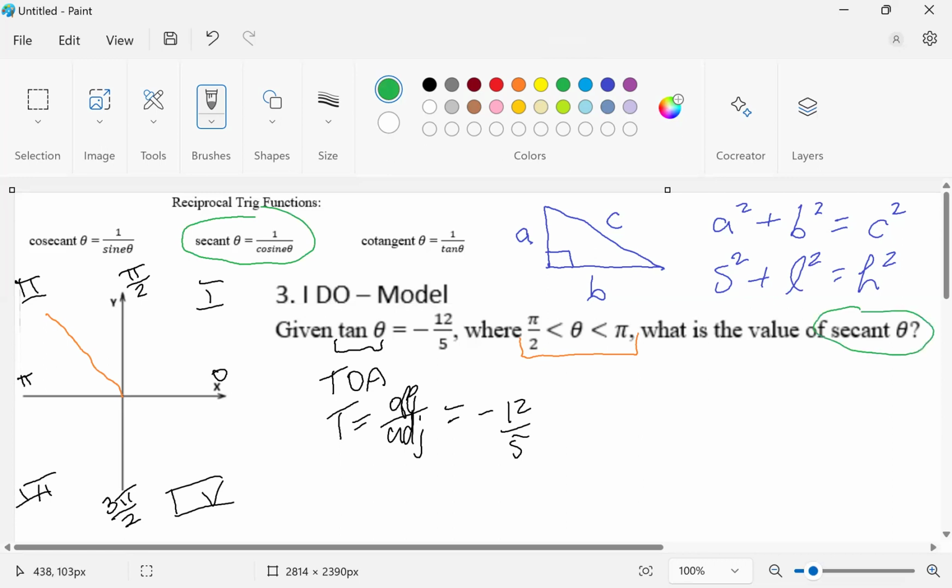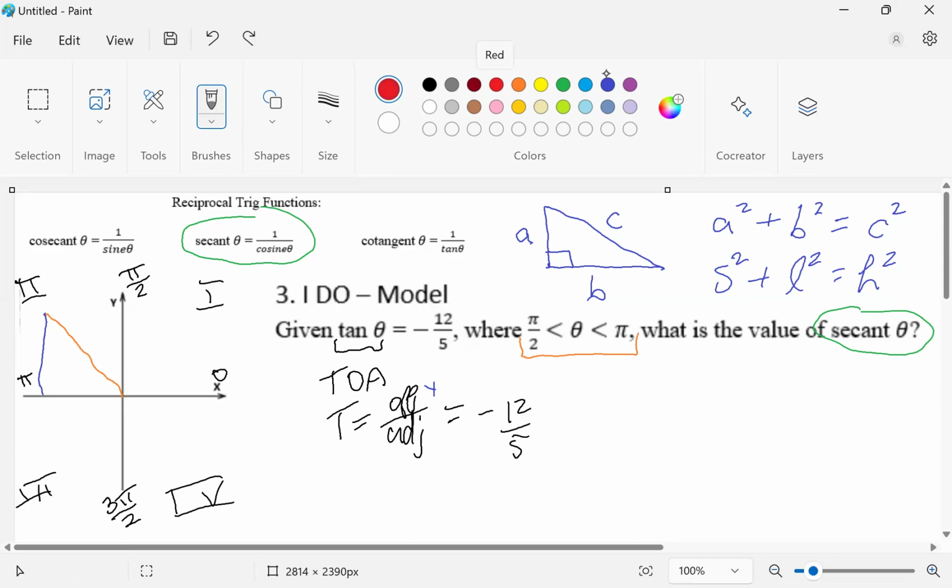So this is what we're going to find at the end of the problem. We're going to find the secant, which is 1 over the cosine. So we'll have to find the cosine. Okay, cool. Let's use the information that they gave us in the problem. So remember that the opposite is the y. That's opposite the angle.